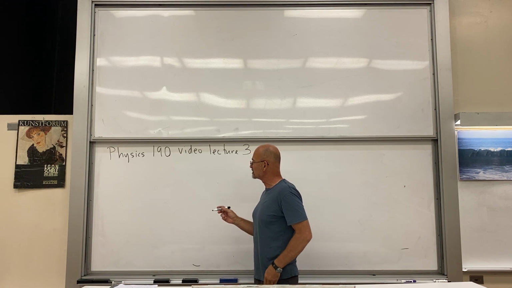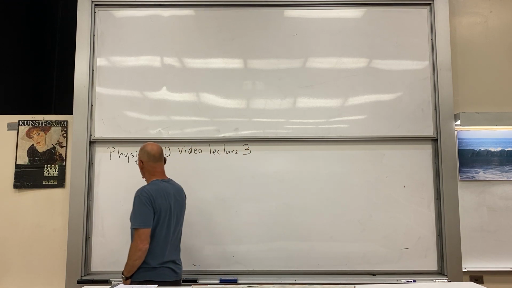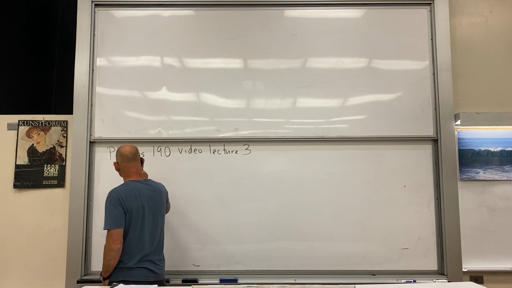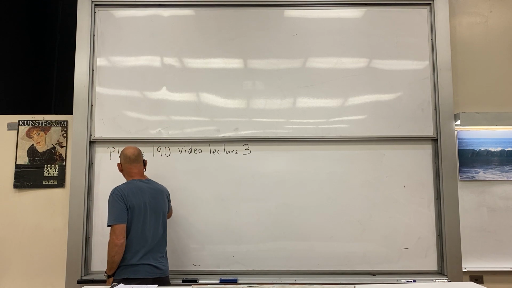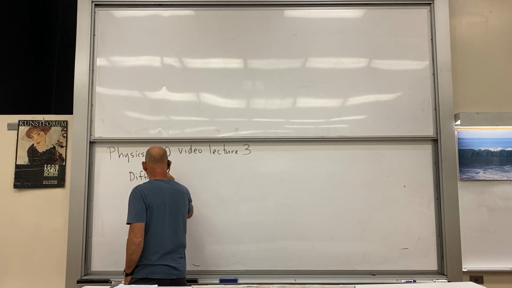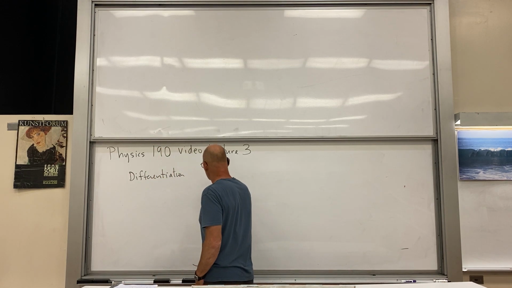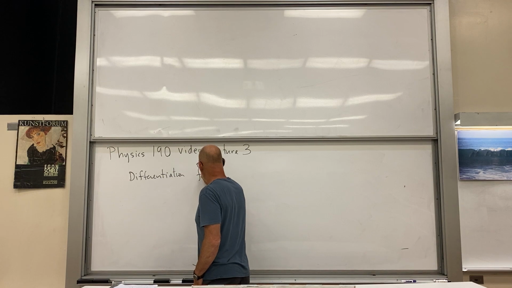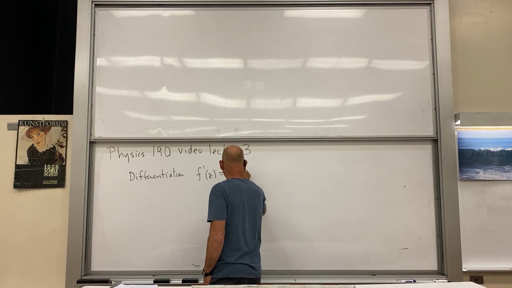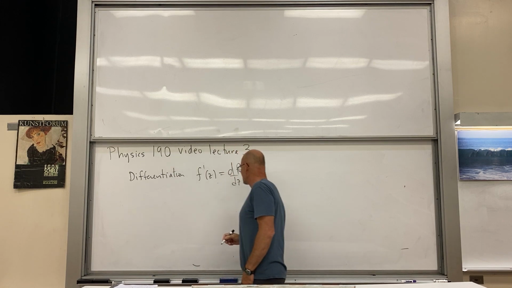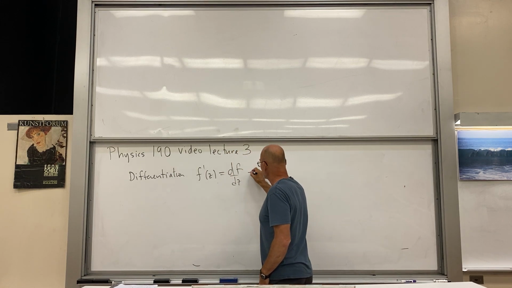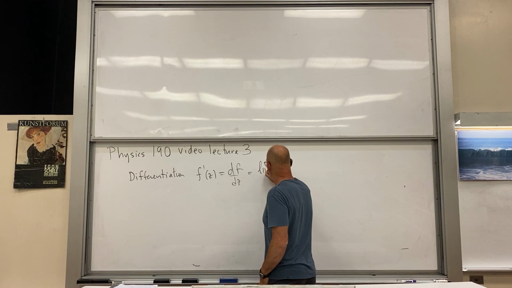So differentiation of an analytic function. Let's start with that. So we have f prime of z, df dz, equals the limit.